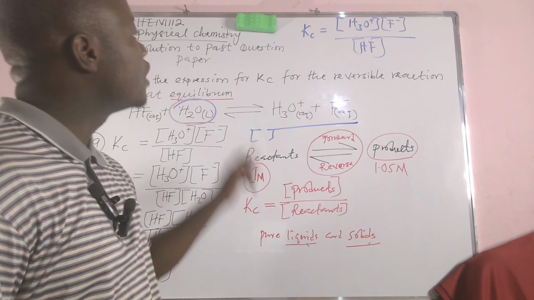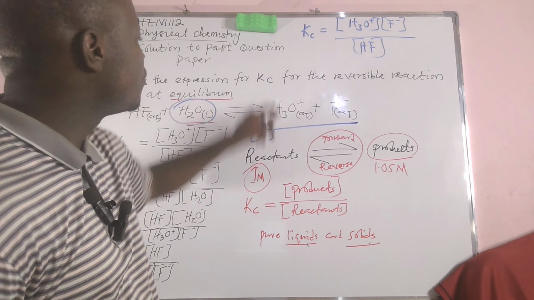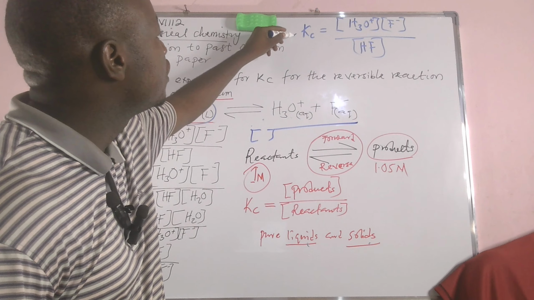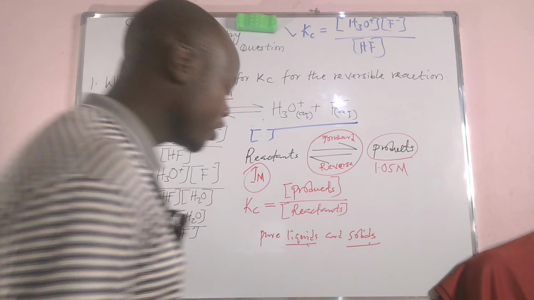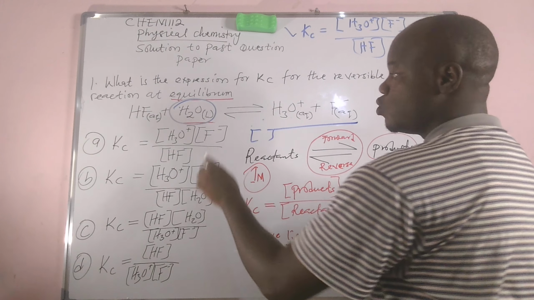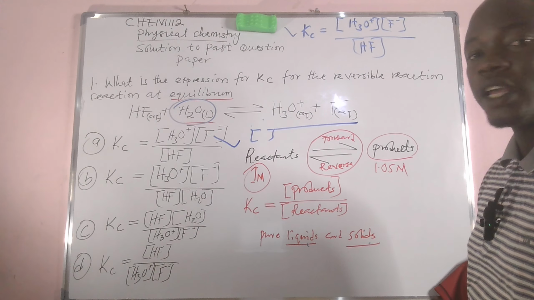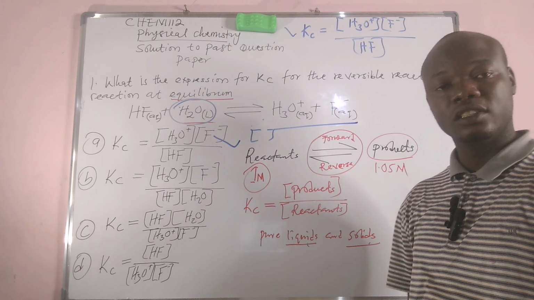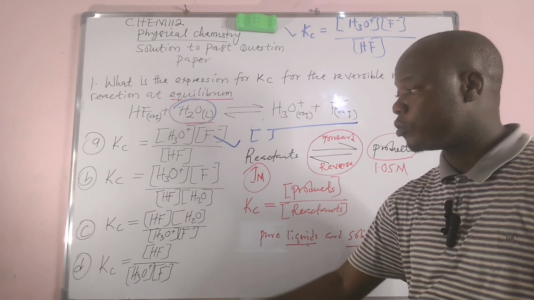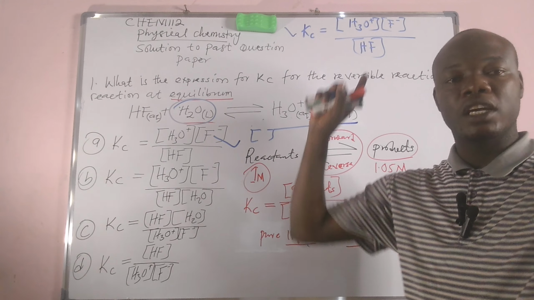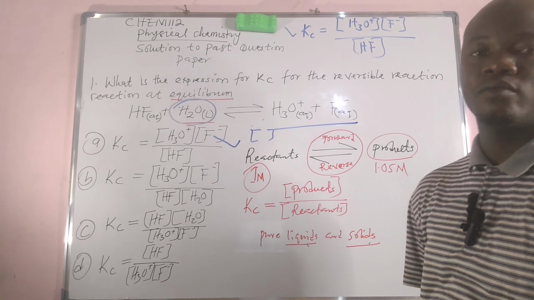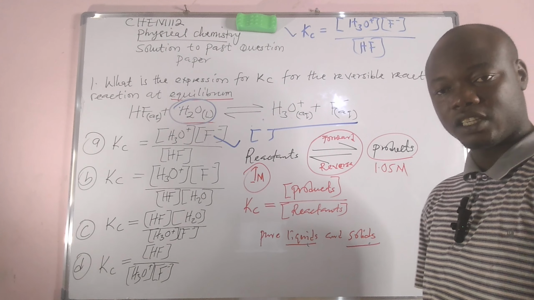So as we can see clearly for this equation, this is how to express the Kc. And look at our options. As you can see, option A is the correct one. So A is correct, and all the other three options, B, C, and D, are wrong. I hope you understand, ladies and gentlemen.